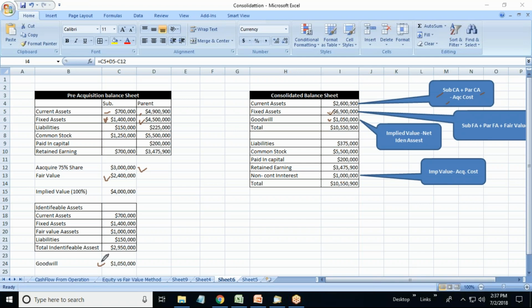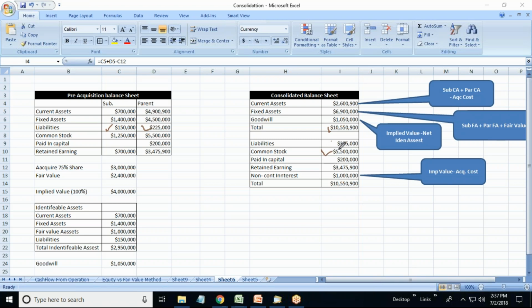The goodwill is the implied value minus the total identifiable assets, as we already calculated. Then we total the three items: current assets, fixed assets, and goodwill. The total assets show 10,550,900. Now we calculate the liabilities: 150,000 plus 225,000 becomes 375,000. The common stock shows only the parent's common stock.